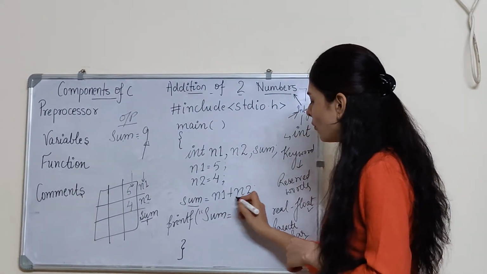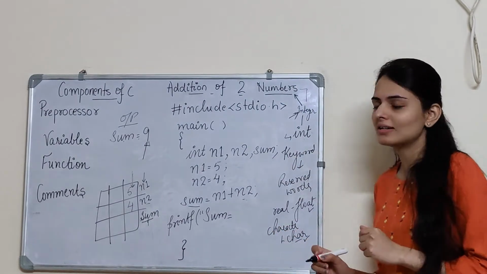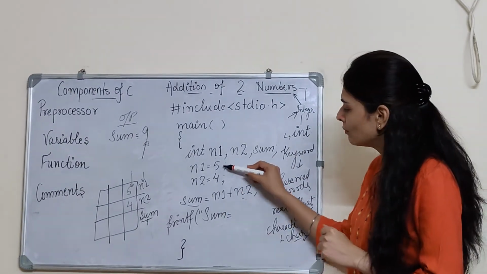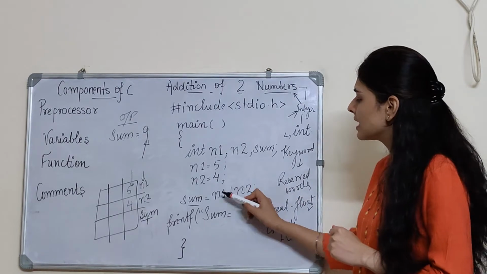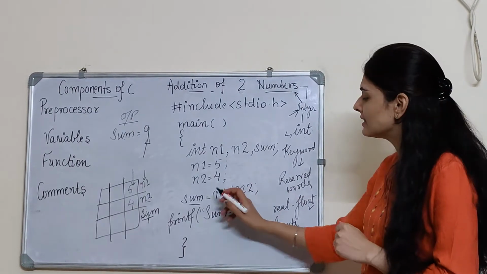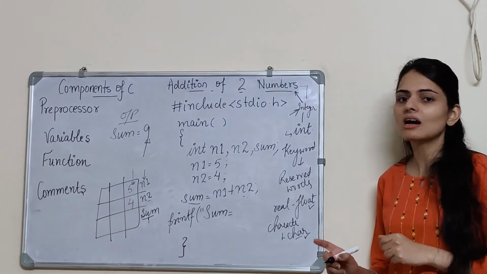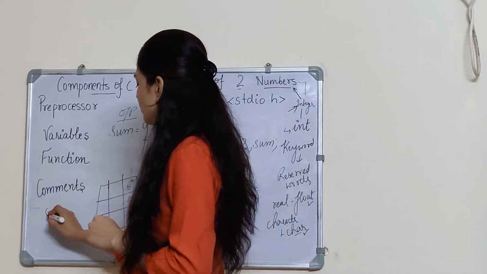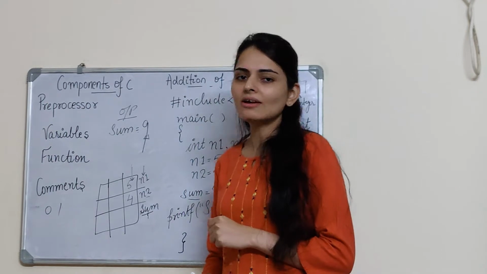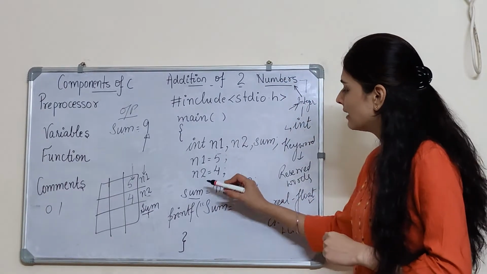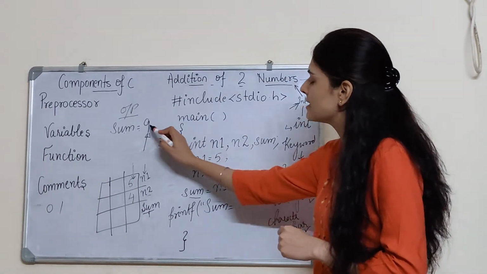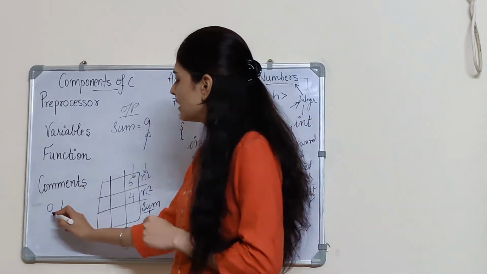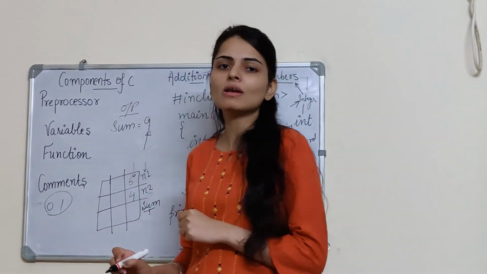When I have performed this addition of these two numbers and saved that in sum, we need to understand that the computer understands only two words, two bits, that is 0 and 1. So this 9, after the addition, will be represented in memory in this 0-1 format.